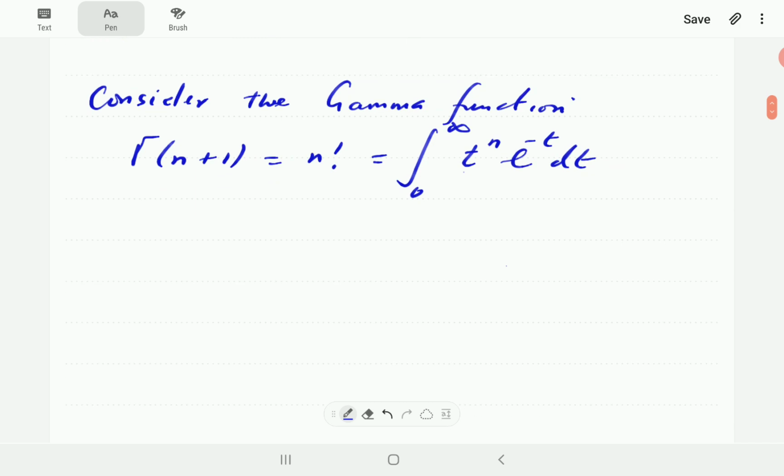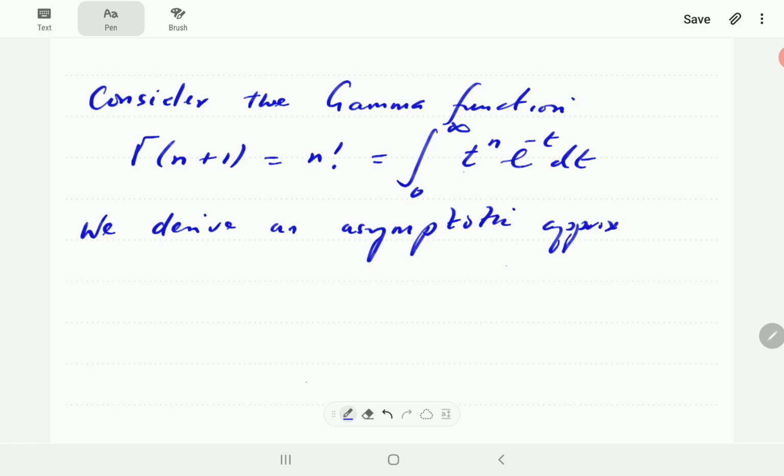So we're going to derive an asymptotic approximation of this function, of gamma of n plus 1, for large n, as n goes to infinity.